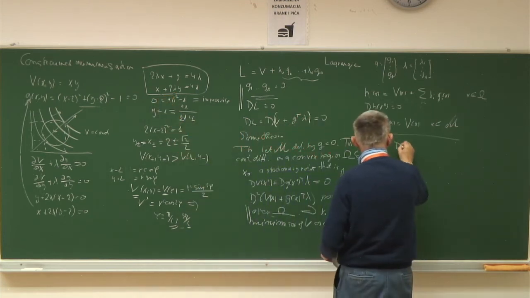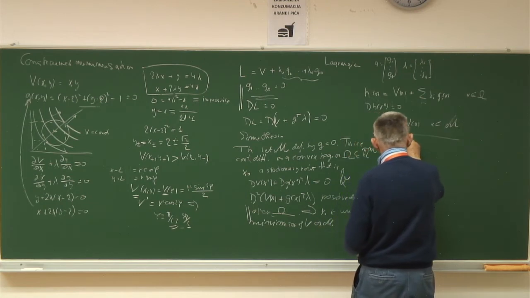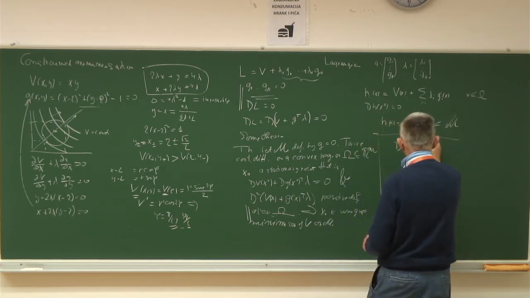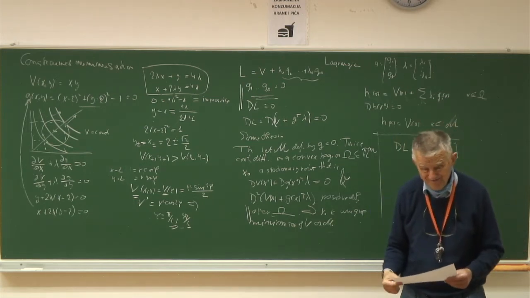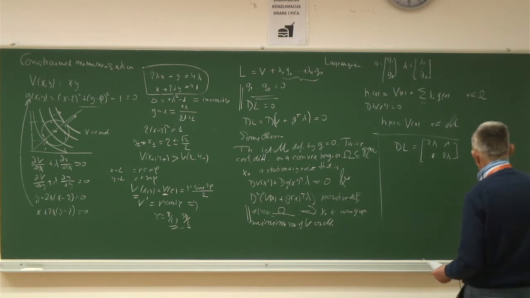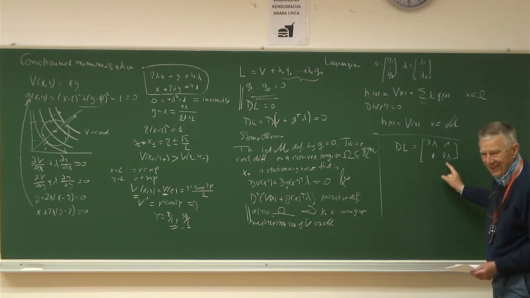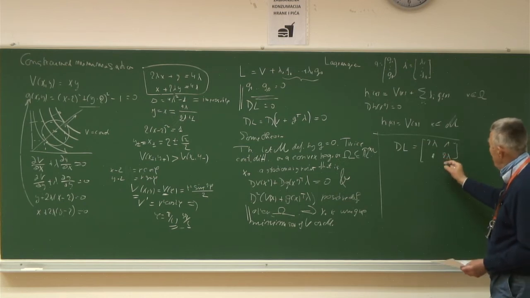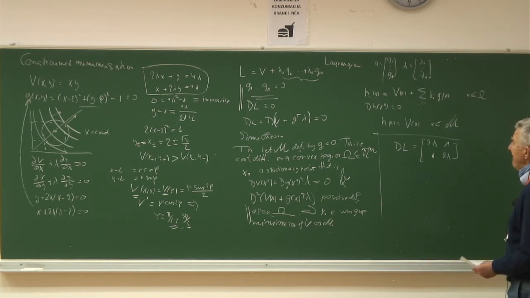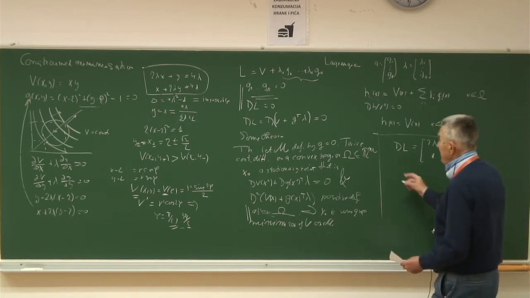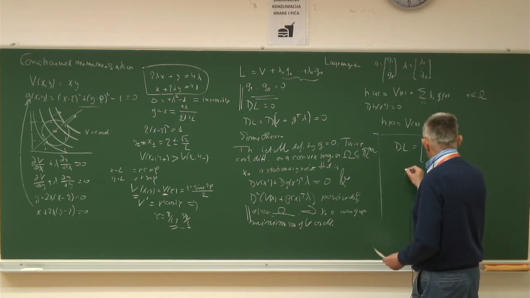So dL is equal to the matrix with 2 lambda, 1, 1, 2 lambda. And now look for positive definiteness of this matrix. Well, lambda should be just large enough. If it is, for example, smaller than 1, then the matrix is not positive definite. Just look at the determinant. So, the determinant we know is 4 lambda squared minus 1.